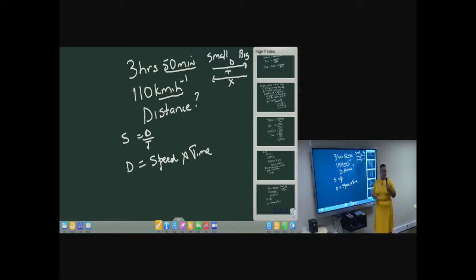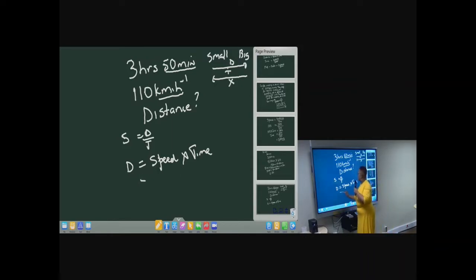Remember, when I was changing hours to minutes, I multiplied by 60. But now when I am changing minutes to hours, I've got to divide by 60.